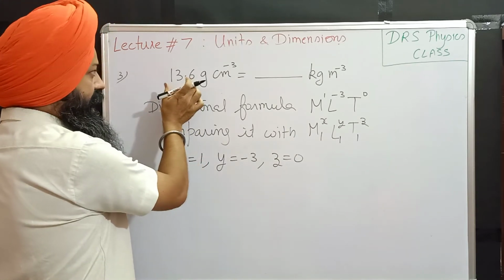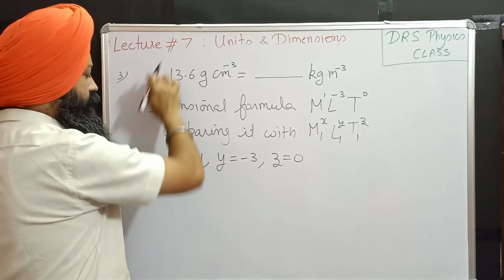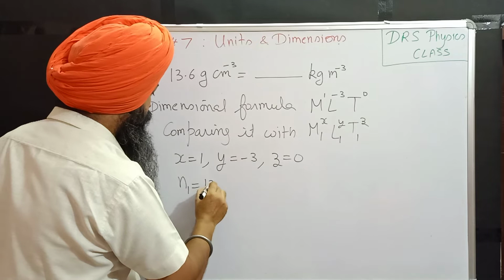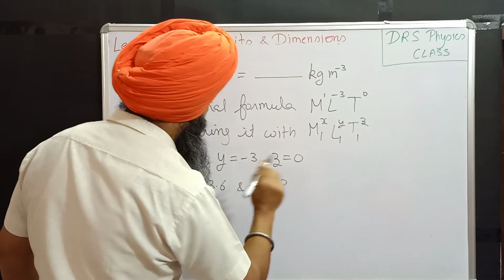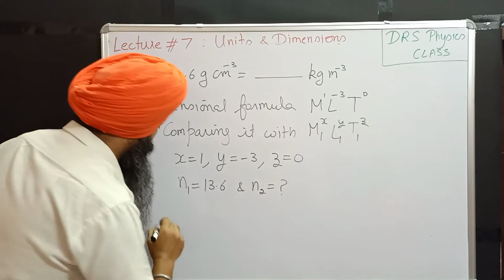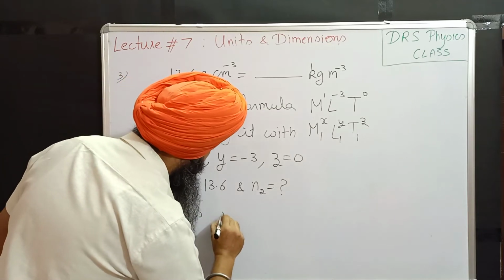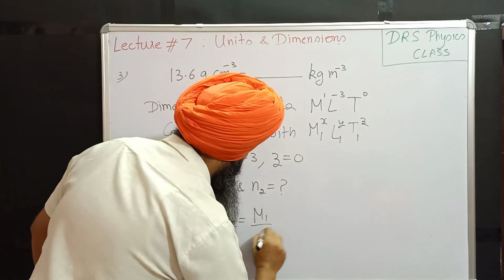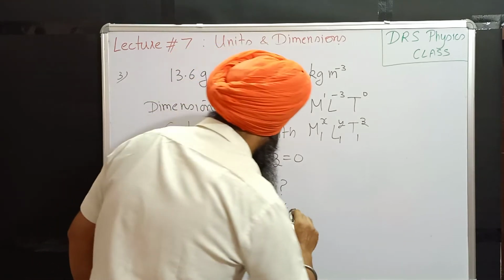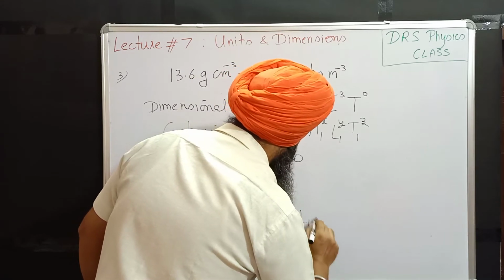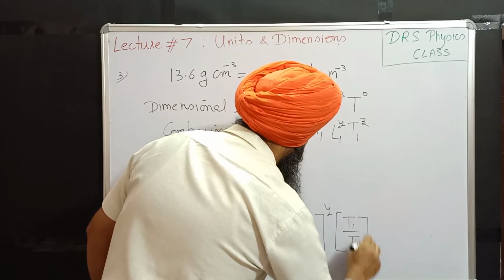What is N1 here? Now N1 is not 1 but a certain other value, 13.6, and N2 is to be found. N2 is equal to M1 upon M2, same steps, power X, L1 upon L2 power Y, T1 upon T2 power Z.